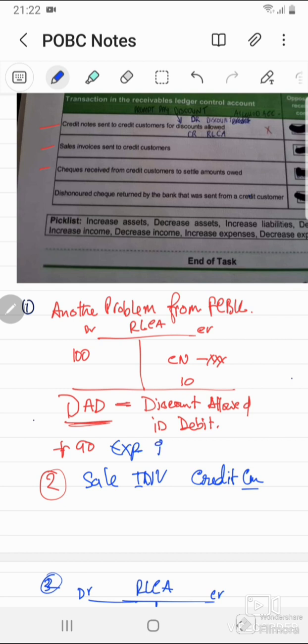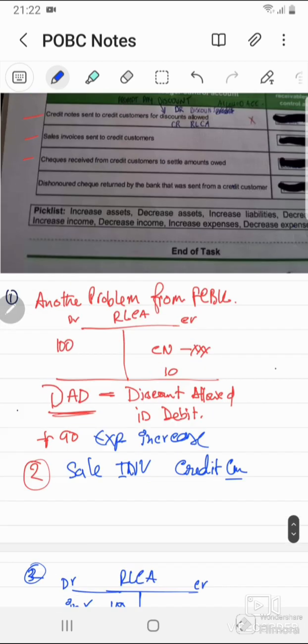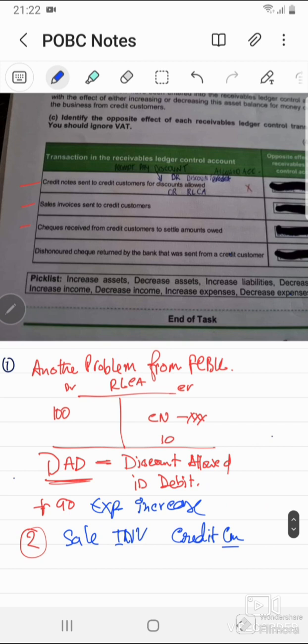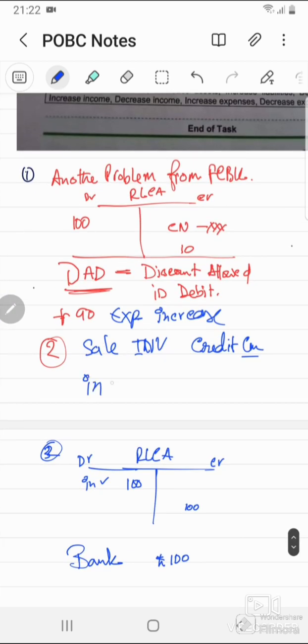The second one was the sales invoice to the credit customer. RLCA is going to be a debit, and for the opposite we need to see what is happening in the sale. Sale is an income, so income increased. Number 2 is income increased.